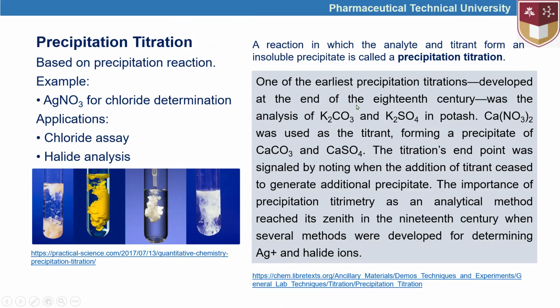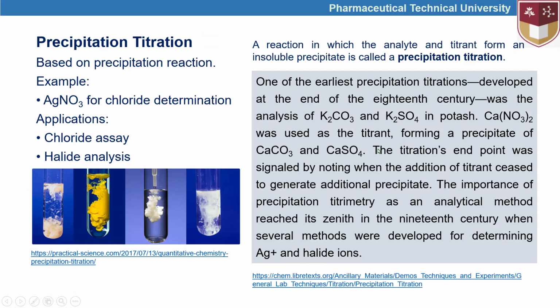This method was invented in the 18th century, and calcium nitrate is another titrant forming a precipitate with carbonate ions or sulfate ions. So calcium nitrate is used to determine the concentrations of carbonates or sulfates. And the titration's endpoint was signaled by noting when the addition of titrant ceased to generate additional precipitate.